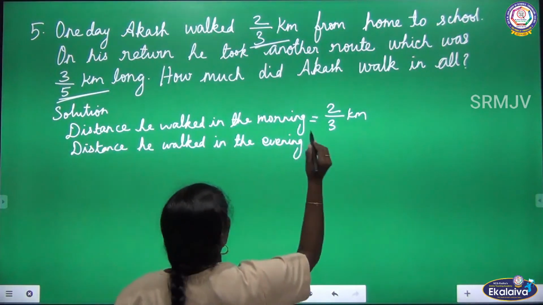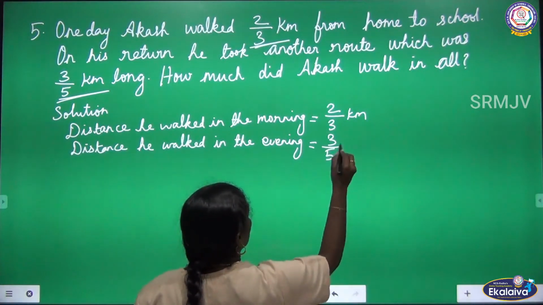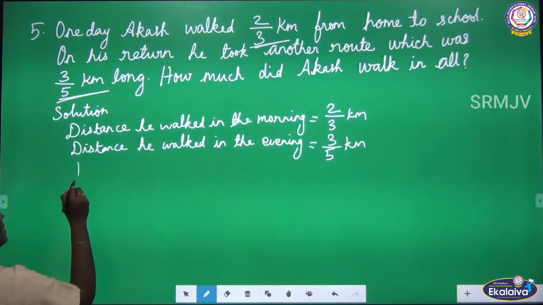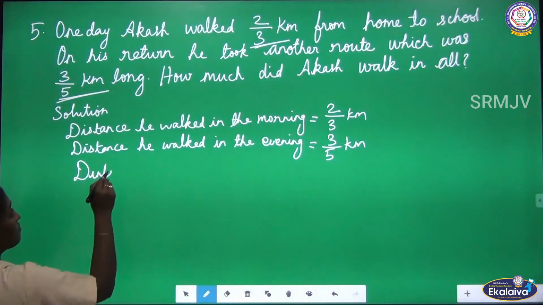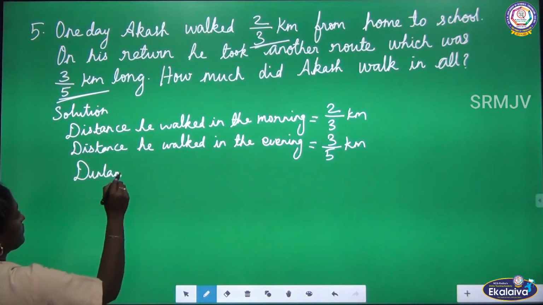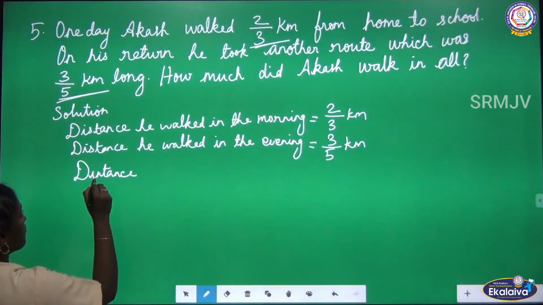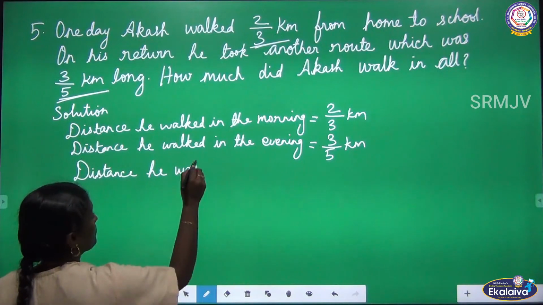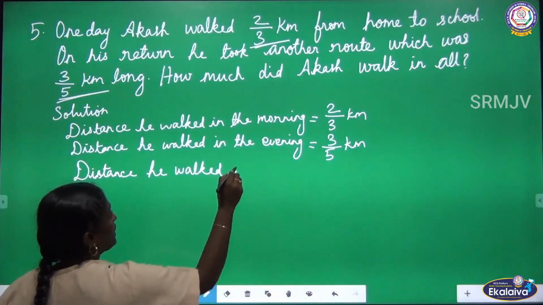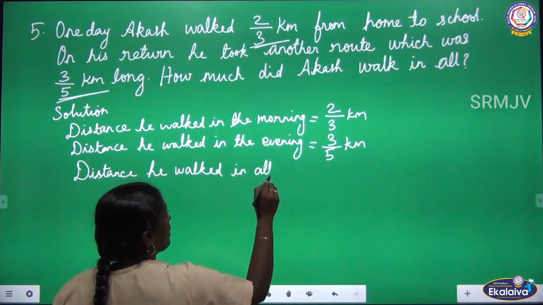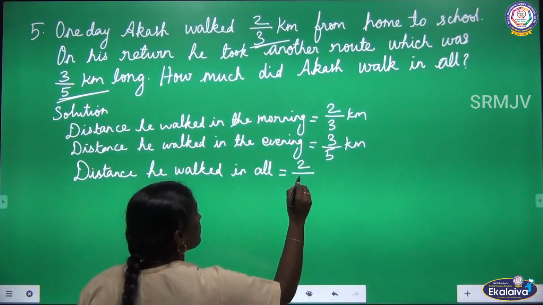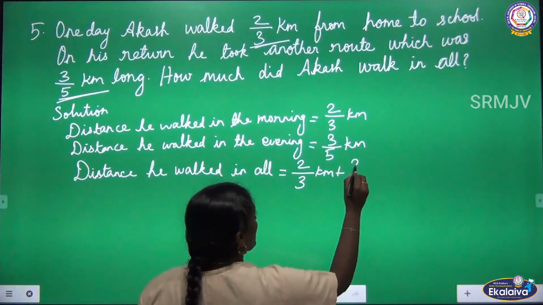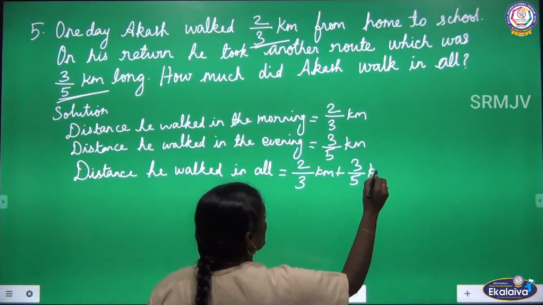That is 3 by 5 kilometer. Now we have to find out the distance he walked in a day. Distance he walked in all is equal to 2 by 3 kilometer plus 3 by 5 kilometer.